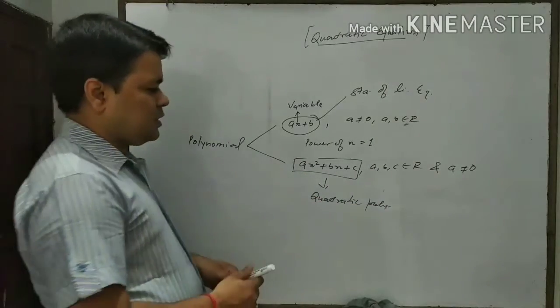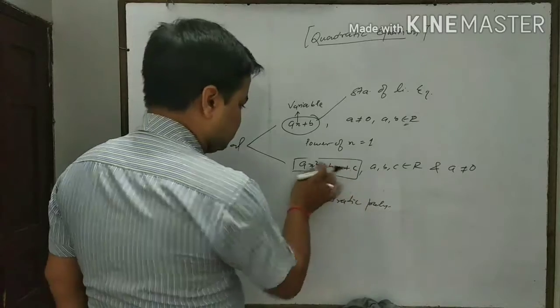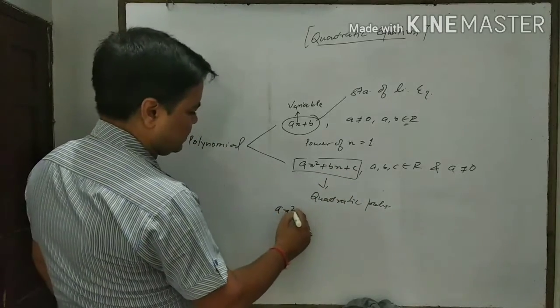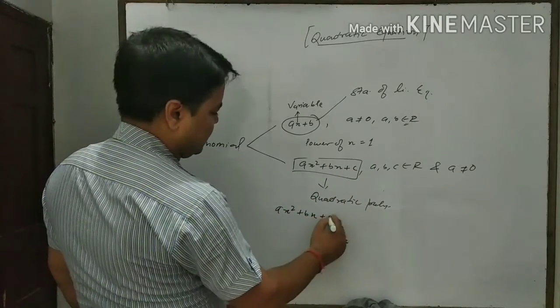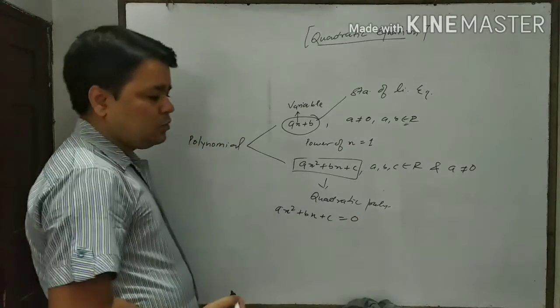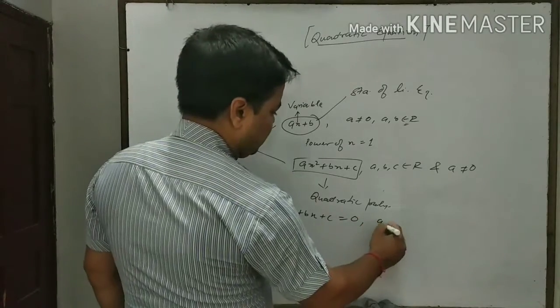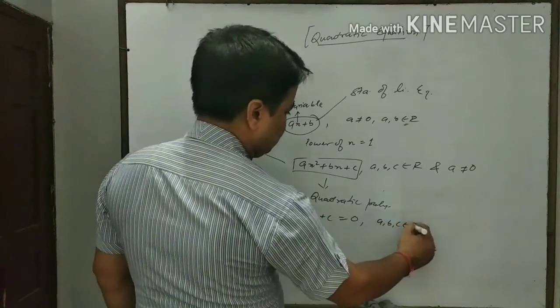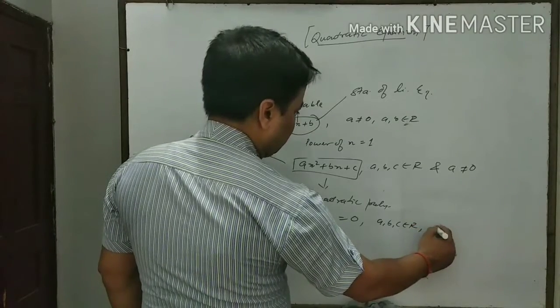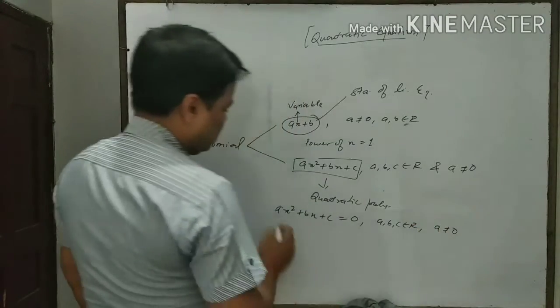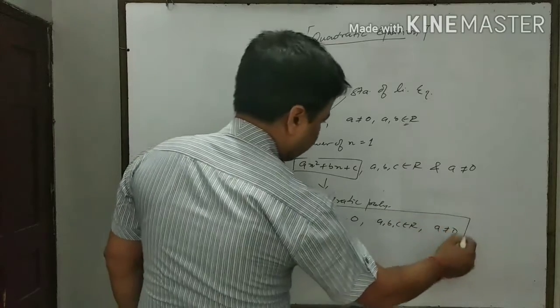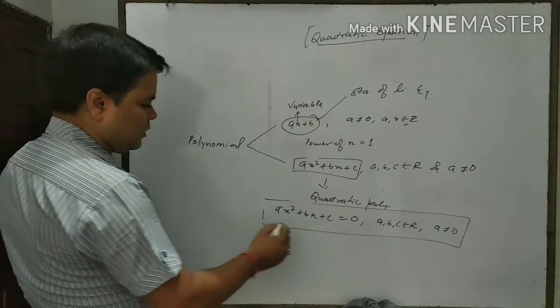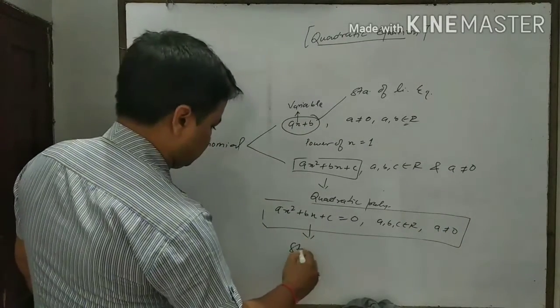What is the difference? If we have ax square plus bx plus c equal to 0, and a, b, c belong to real numbers, but the value of a is not equal to 0, then this is called the standard form of the quadratic equation.